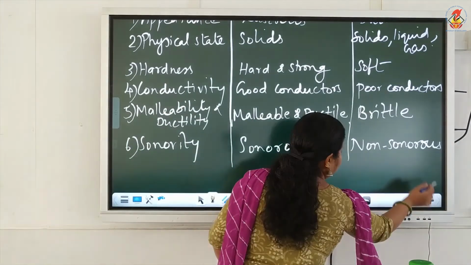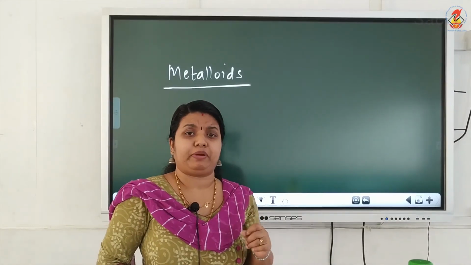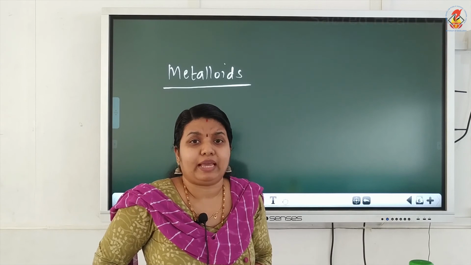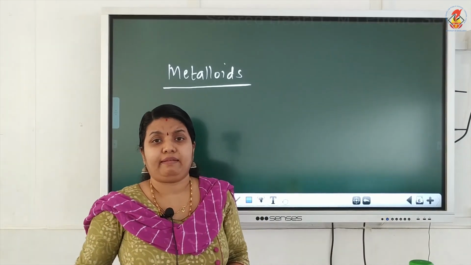Now, there is one more small topic, metalloids. So, we learned about metals and non-metals. Metals have a particular set of properties, non-metals have different types of properties. There are a few elements which show the properties of both metals and non-metals.